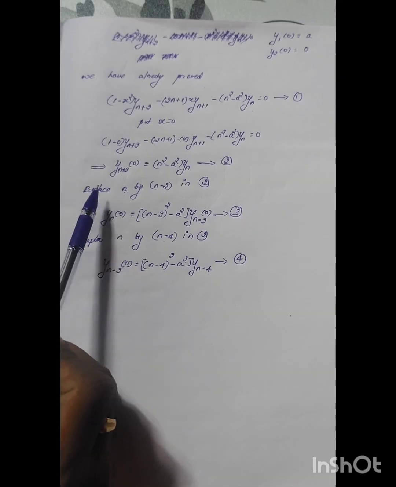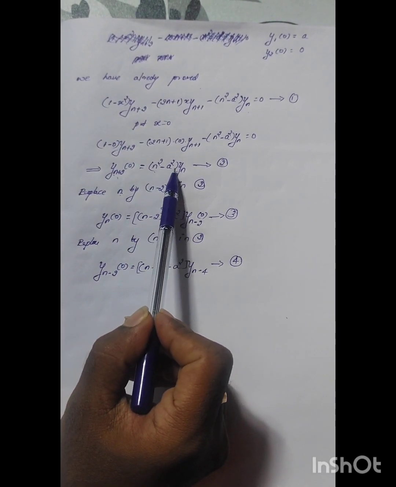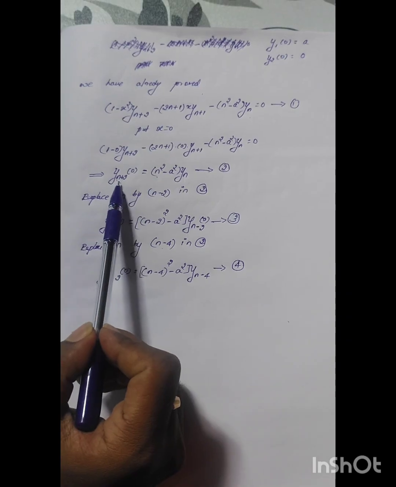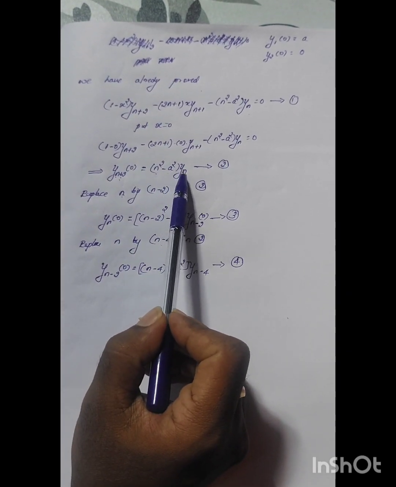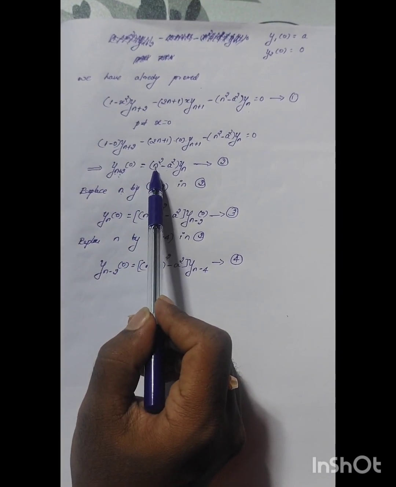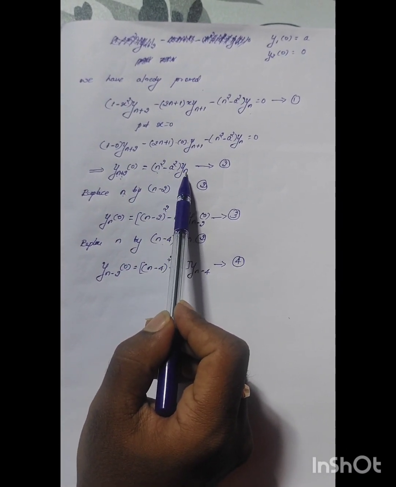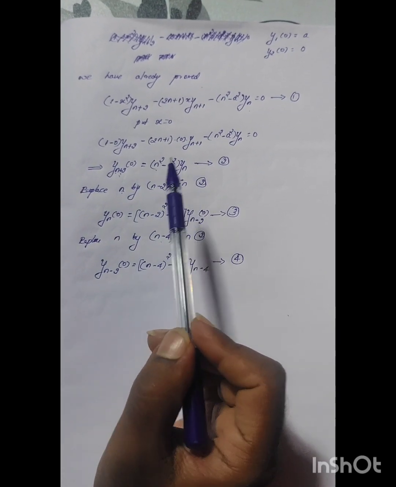Whenever yn plus 2 of 0 is there, we get n squared minus a squared into yn. So y2 of 0 becomes 2 squared minus a squared into y0. If we take y3, it becomes 3 squared minus a squared into y0. y4, 4 squared minus a squared, 5 squared minus a squared, and so on.